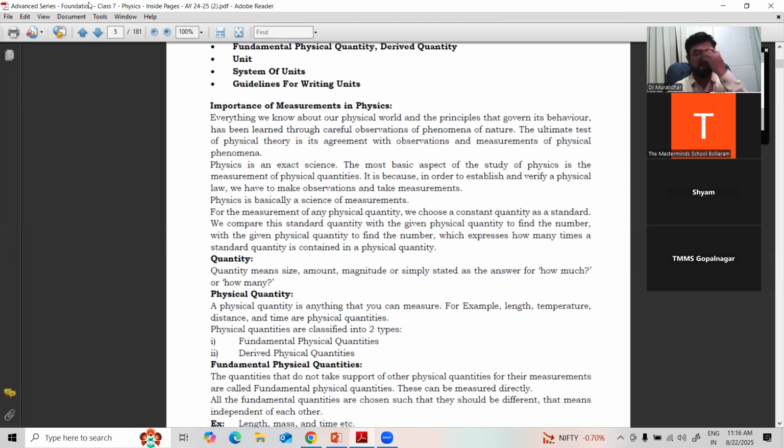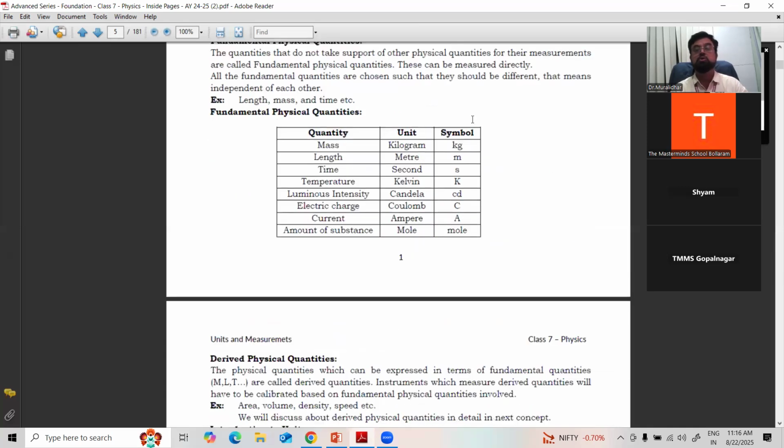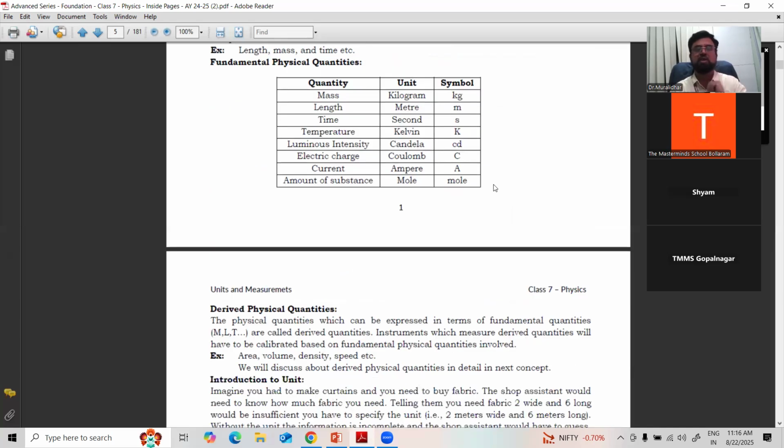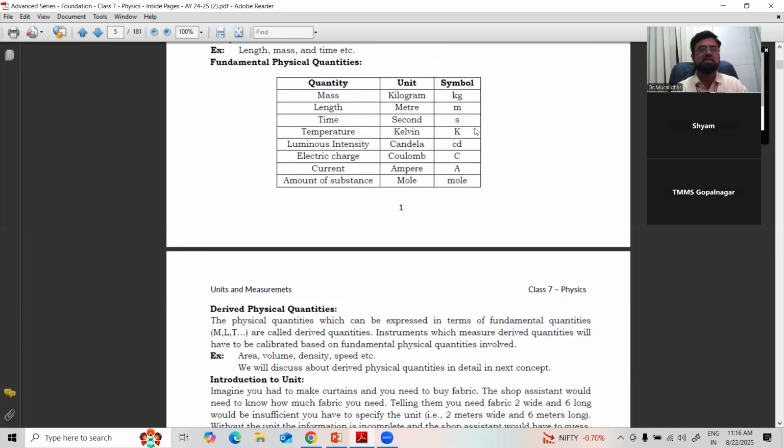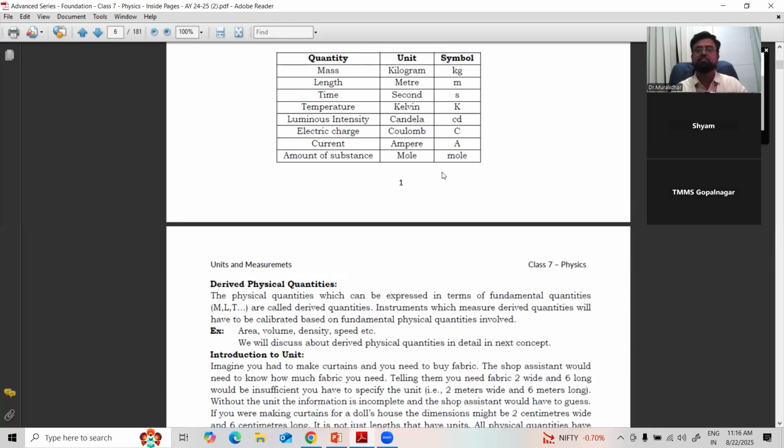Not only in physics, in our day-to-day life also, measurement plays a very important role. So we learned what physical quantities are, and how they are classified into fundamental and derived physical quantities. These are the fundamental physical quantities: mass, length, time, temperature, luminous intensity, electric current, and amount of substance. Apart from this, there are two supplementary quantities: solid angle and plane angle.